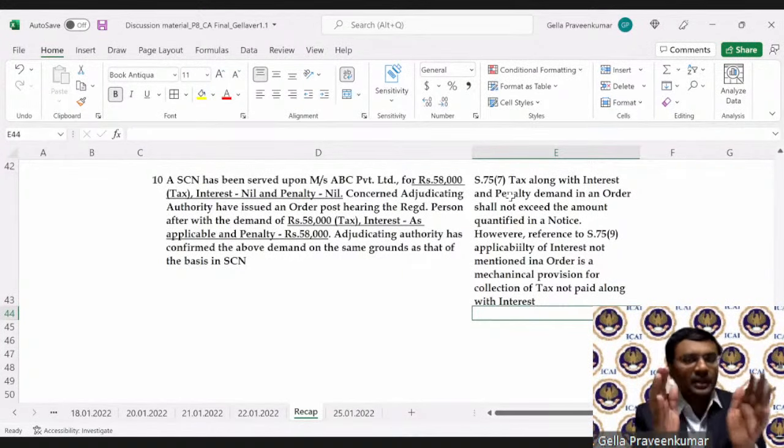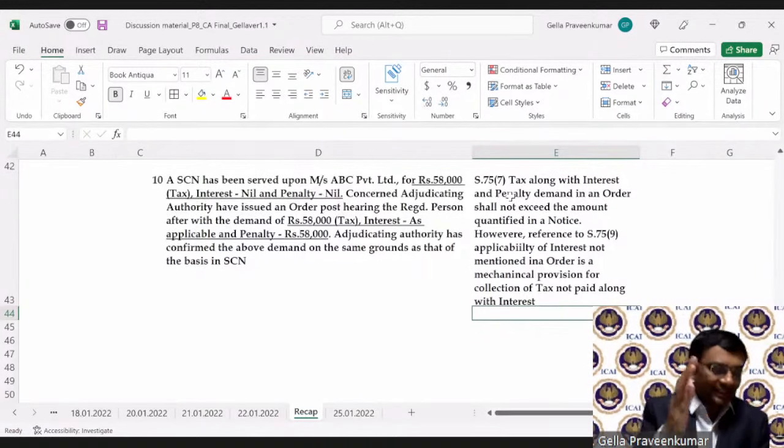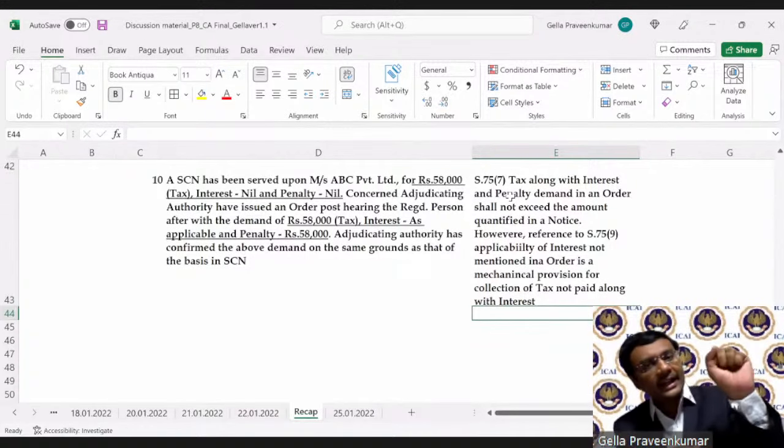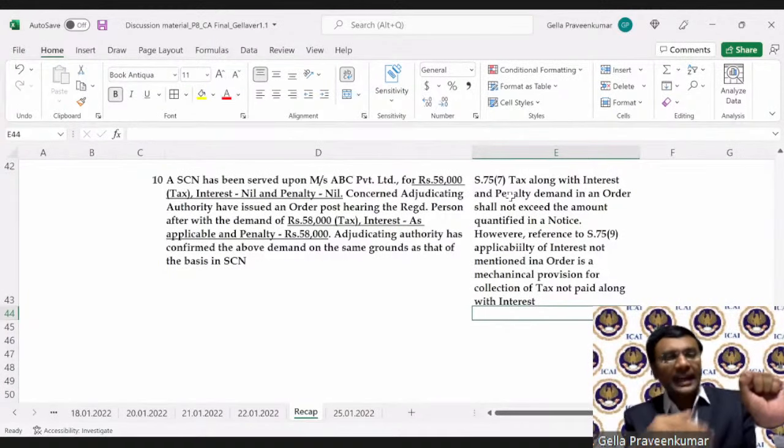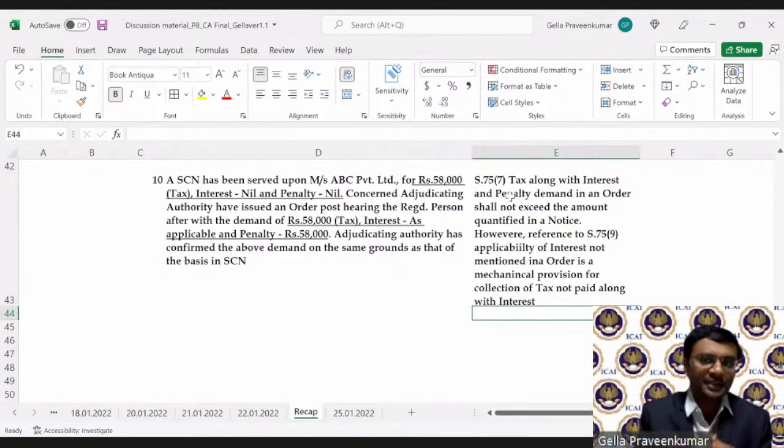It is completely not in line with the law. Only with respect to interest, section 75, subsection 9 clearly says that if the order has not mentioned anything towards interest, and the person has to pay tax which was not paid, interest is a mechanical provision. This is what you will explain with respect to question number 10.